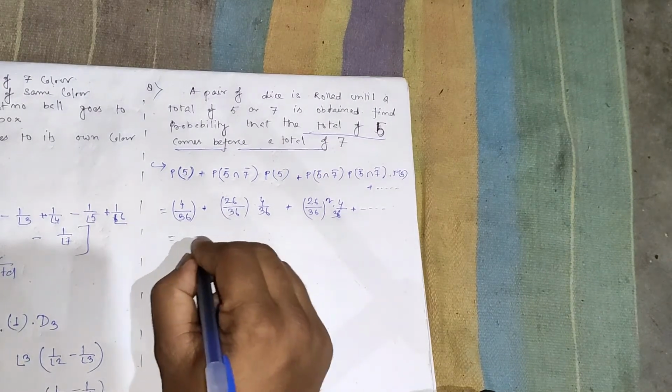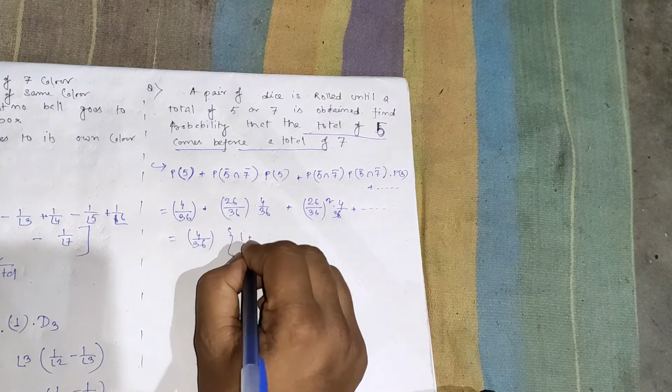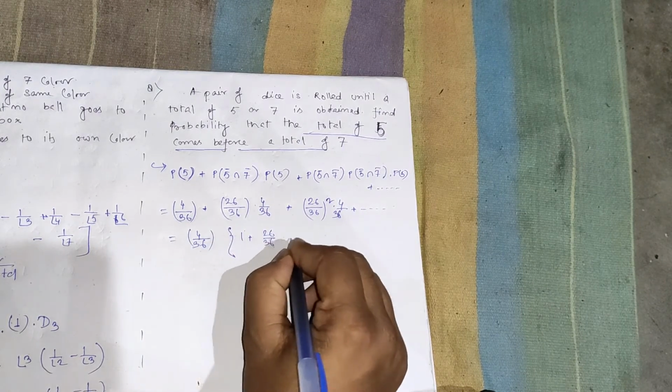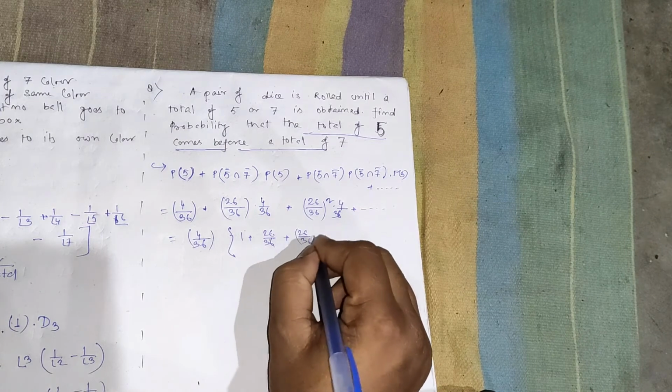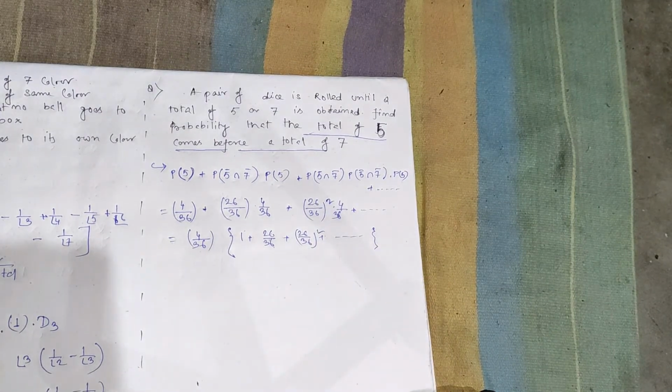You can take 4 by 36 common, and 1 plus 26 by 36 plus 26 by 36 whole square, and so on. You solve it yourself, the answer.